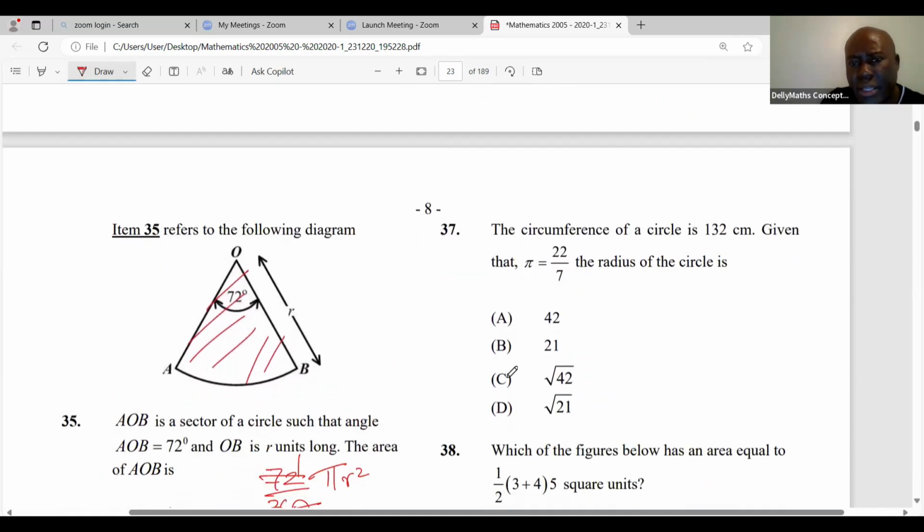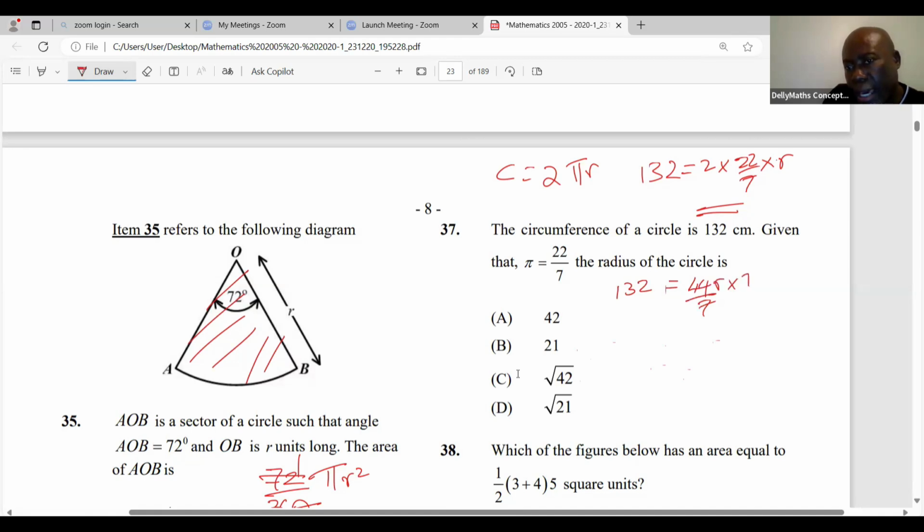Let us see what 37 is. All right, we're still on circles. So the circumference is 132. This is pi. What is the radius? Remember that circumference is equal to 2 pi r. Let's employ some quick work. So 132 is equal to 2 times pi times r. All right, so basically we're left with 132, which is equal to 44 over 7 r.